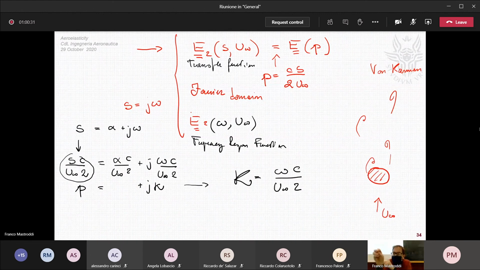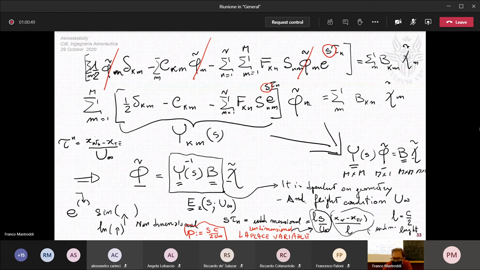So you have a characteristic non-dimensional frequency given by this ratio. We will interpret this, and this quantity is very important in aeroelasticity. You have realized that this quantity is naturally generated by the problem.